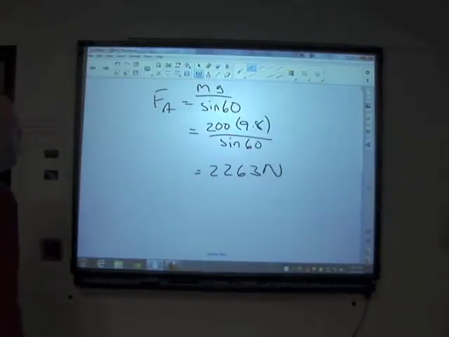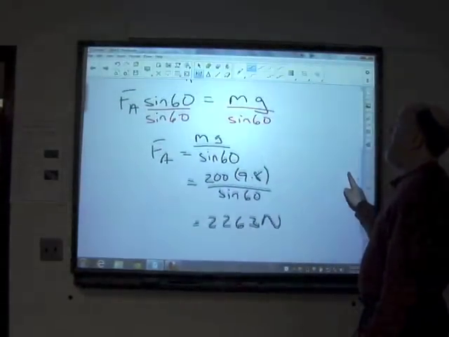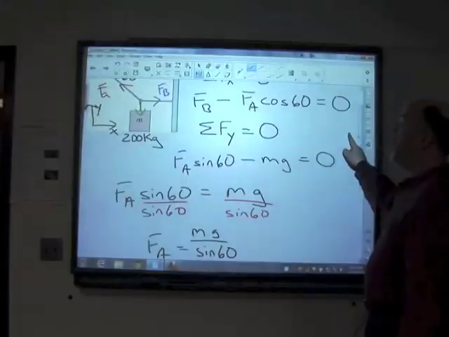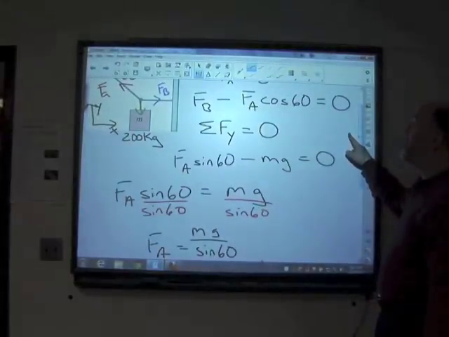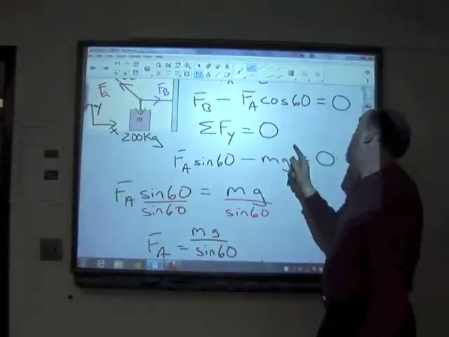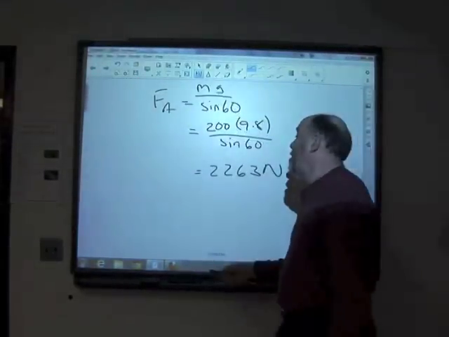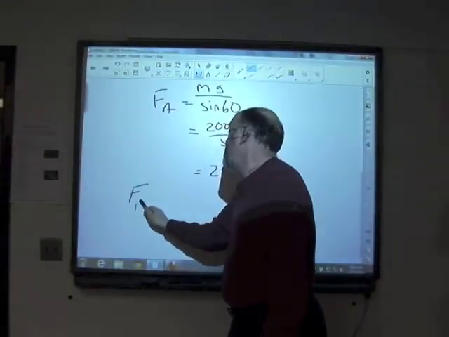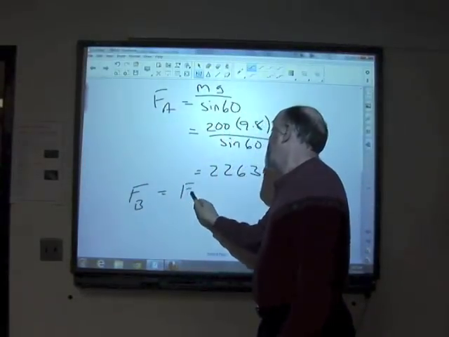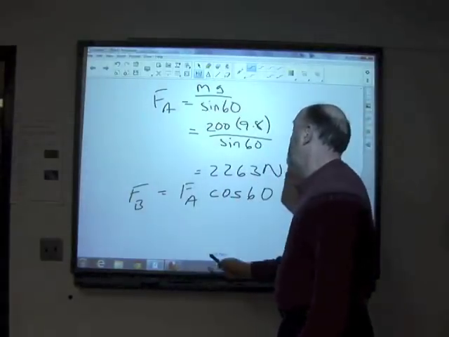Now that we know what A is, we can go back and find the force in cable B. So from this one, now that we know A, we can find this one. And so based on that, we get F sub B will equal F sub A cosine of 60.